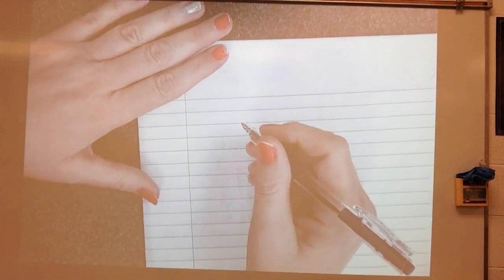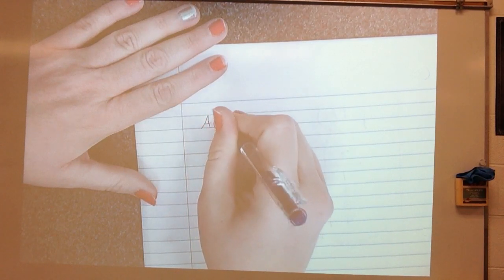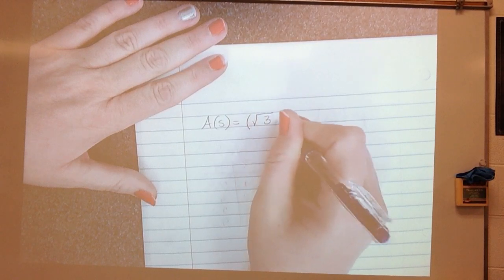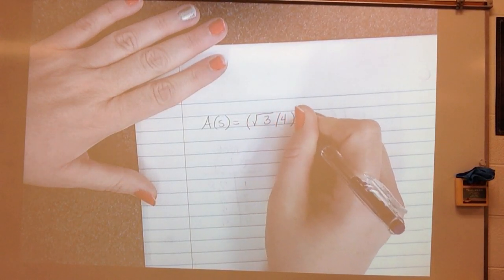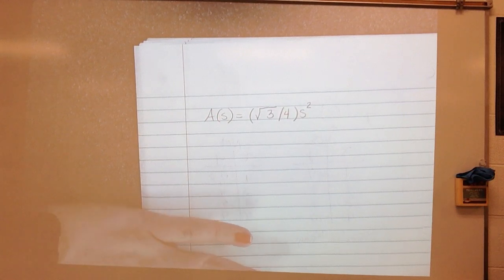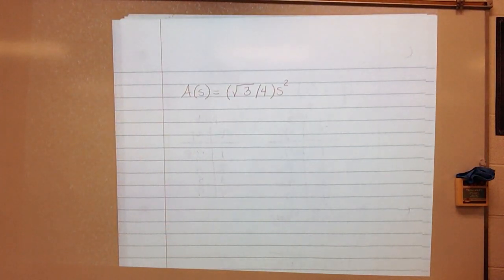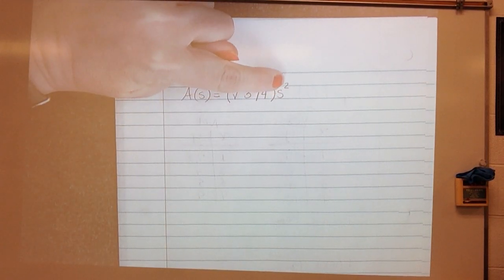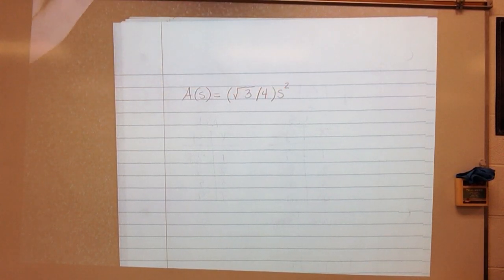Alright, let's look at the third function. We have a of s is equal to the square root of 3 over 4 s squared. So what can I or can I not put in for s? This is our x. That would make this statement true. If I put a negative number in here, would it matter? No, because negative numbers squared would be positive numbers.